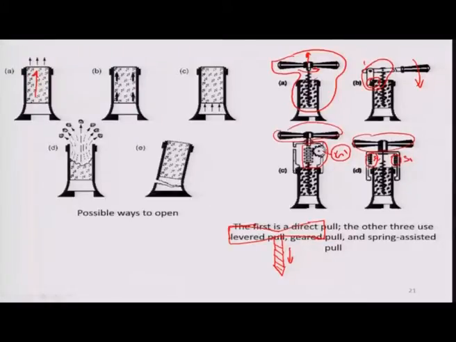So you can see there are four possible ways to make a cork opener. Either you use a direct pull, a levered pull, a geared pull, or a spring assisted pull. So these are the four ways to open a bottle.